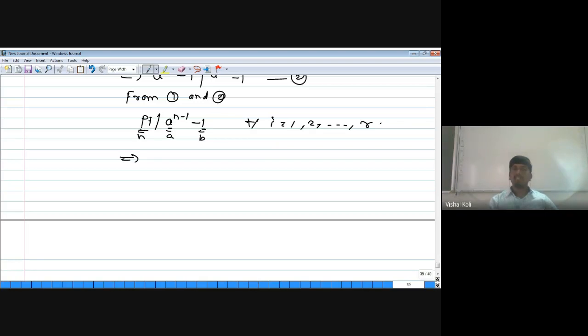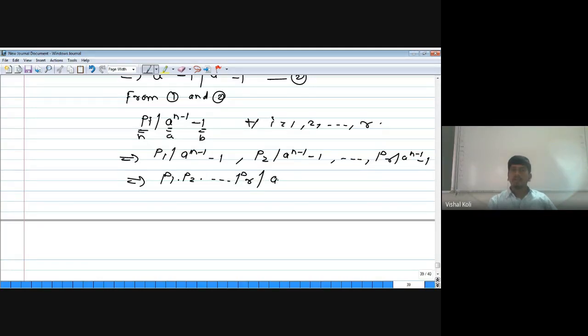Each p_i is a distinct prime, and p1, p2, up to pr are relatively prime. Then their product must divide this integer: p1 times p2 times up to pr divides a to the power n minus 1 minus 1.